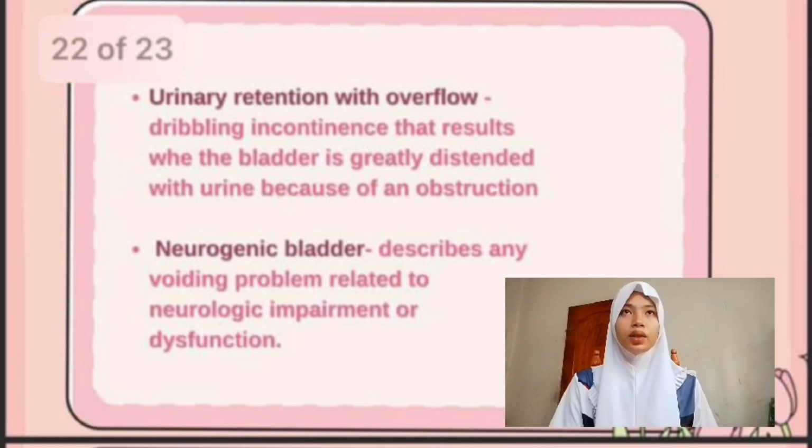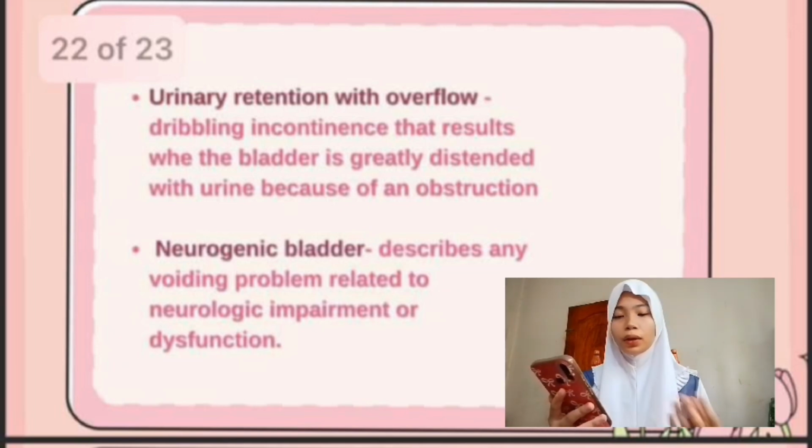So the second is neurogenic bladder. The neurogenic bladder is a condition where the nerves that control the bladder are damaged, leading to abnormal bladder function.